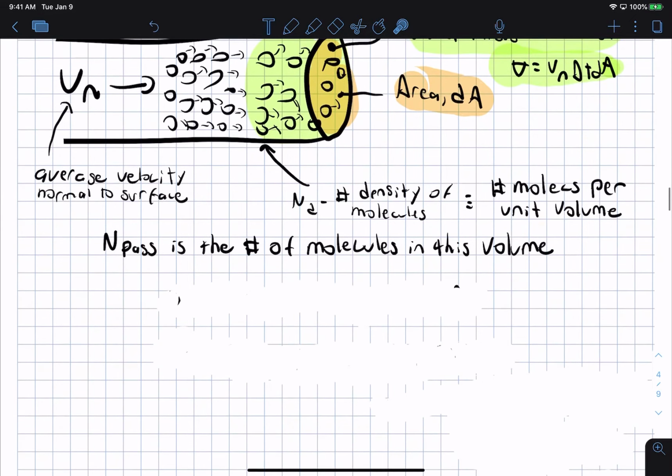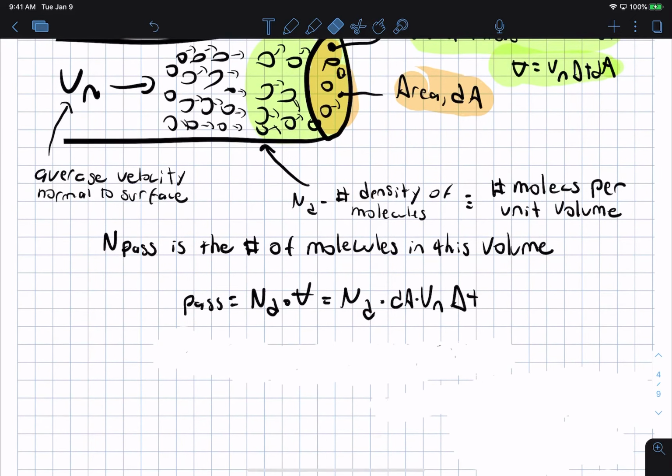Okay, and that is given by n pass, which is the number of molecules that can pass through the surface, is just the number density of the molecules in this green region times the volume of that green region, and that equals the number density times that volume, which is equal to the distance that they travel to the right times the cross-sectional area.